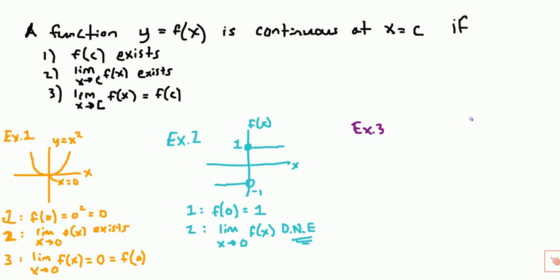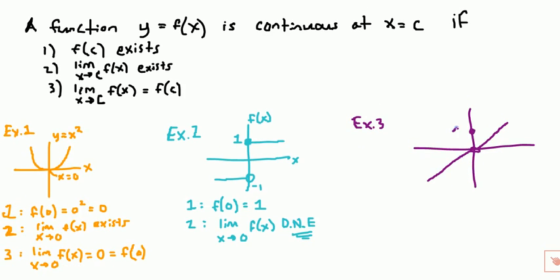Let's look at this graph. This one's going to essentially be y equals x, but I'm going to make a little hole there, and I'm going to fill in y of 0 as 1.